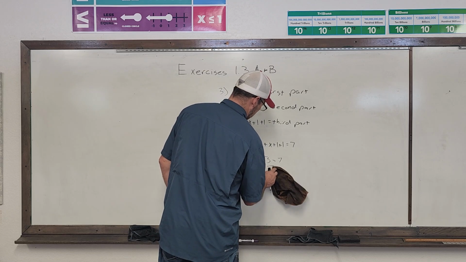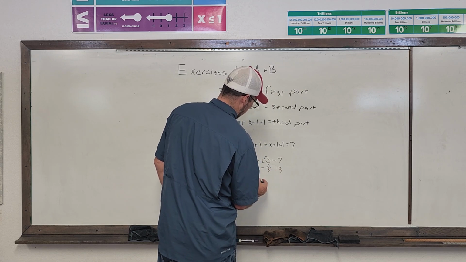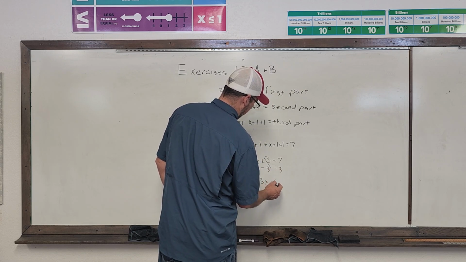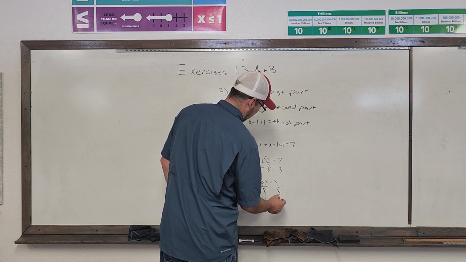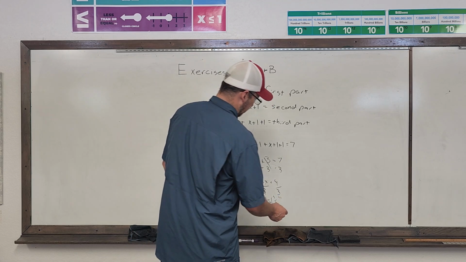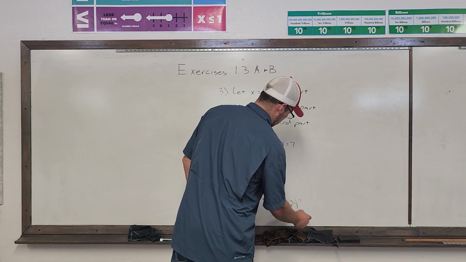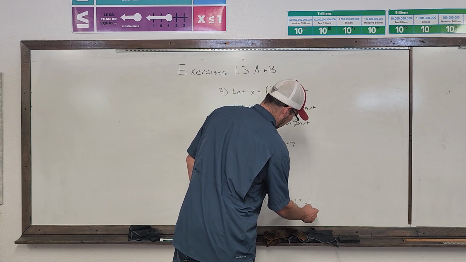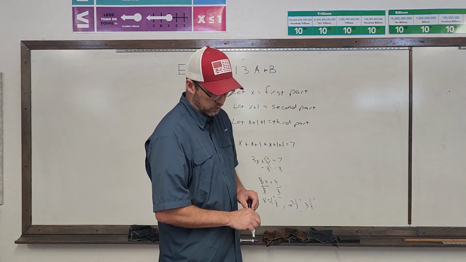Subtract 3, get 3x equals 4. Divide by 3, get x equals 1 1/3 inches. So the next one is going to be 2 1/3 inches, and the last one is going to be 3 1/3 inches, because I'm adding 1 inch to each one of those answers.